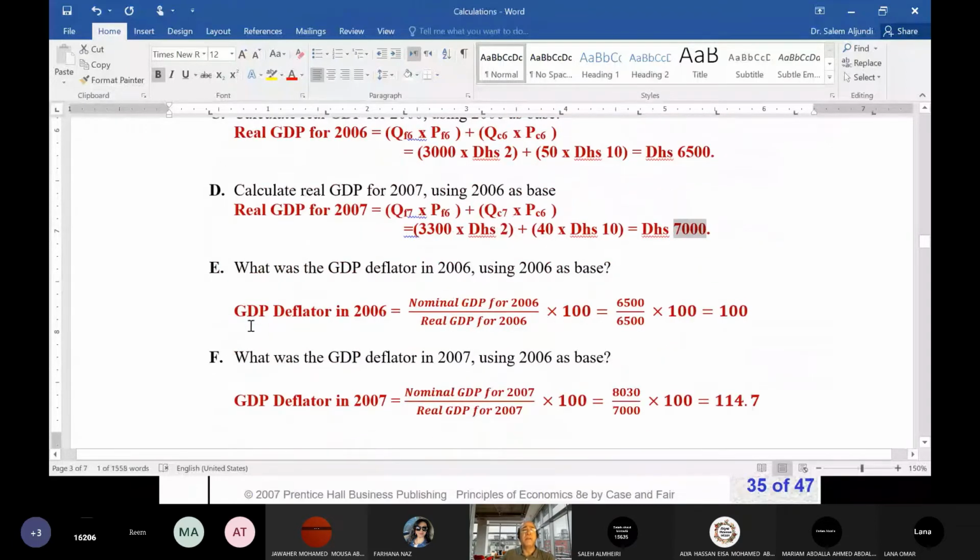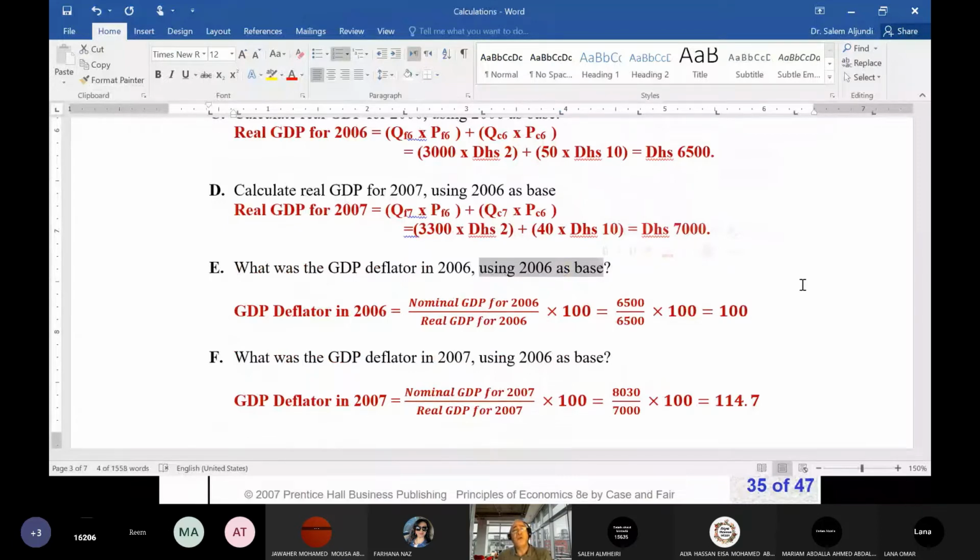Calculate GDP deflator in 2006 using 2006 as a base year. Okay, GDP deflator, we have an equation: nominal GDP divided by real GDP times 100.